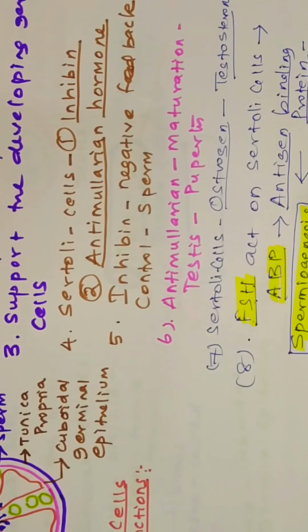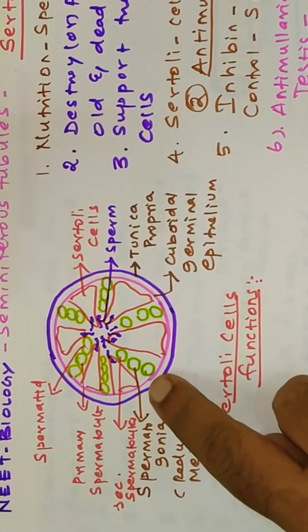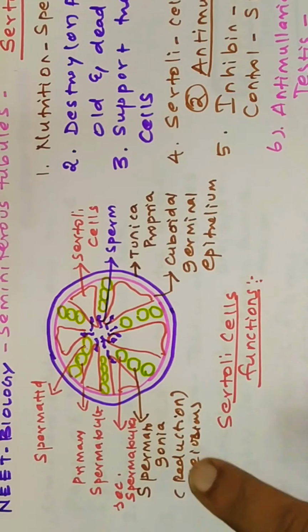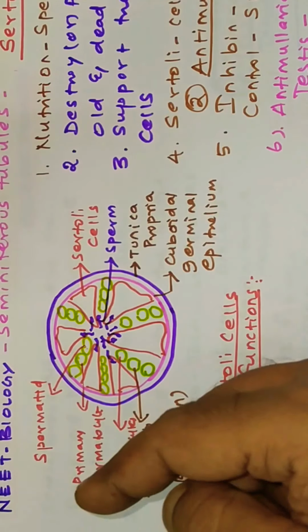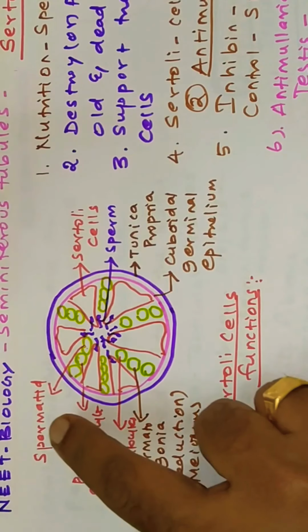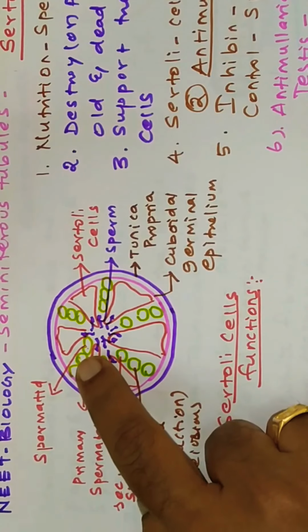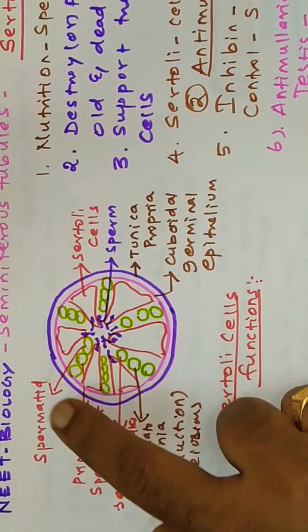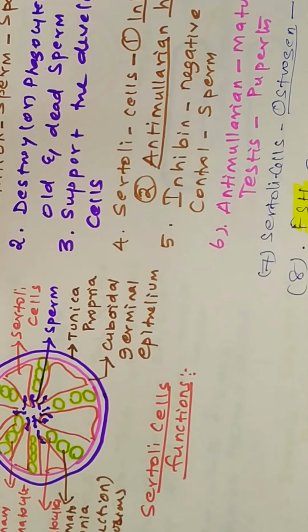What is the spermiogenesis process? As we have just discussed, the spermatogonia, the sperm mother cells, undergo repeated reduction division, meiosis, and produce primary spermatocyte, secondary spermatocyte, and immature spermatid. That immature spermatid converts into mature spermatozoa. That process is termed spermiogenesis.